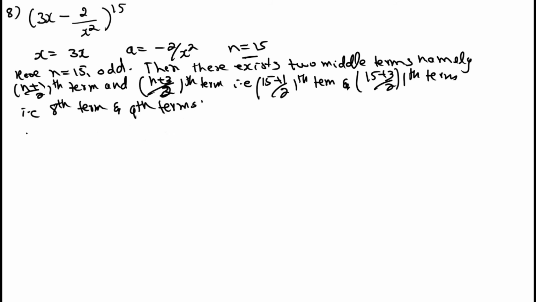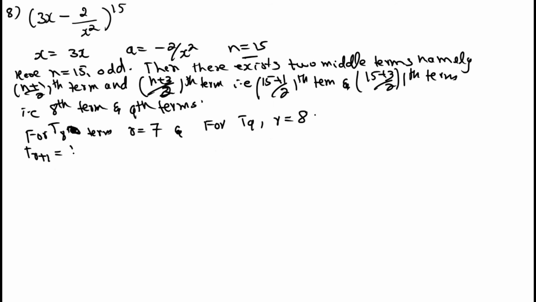So for the 8th term, that is T8, the r value equals 7, and for the 9th term, the r value equals 8. Write the T(r+1) formula. T(r+1) equals nCr into x to the power n minus r into a to the power r.